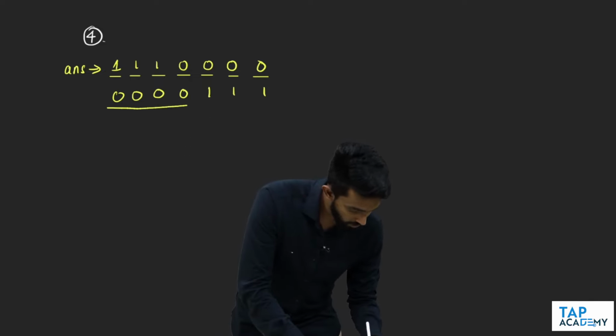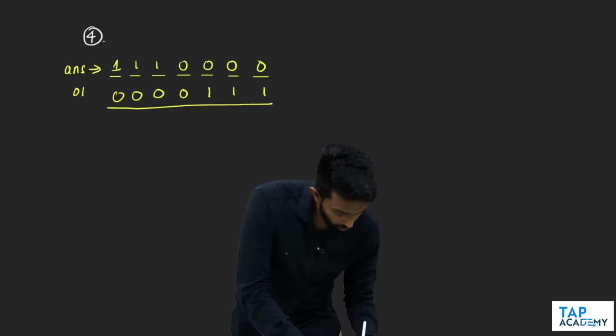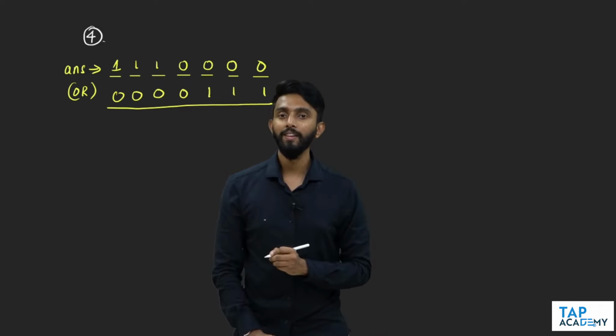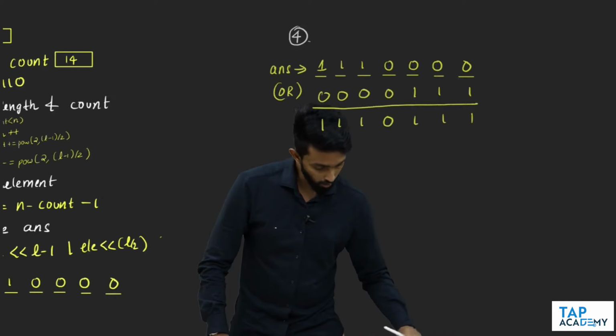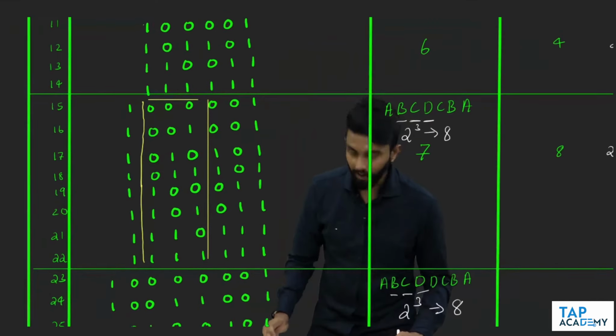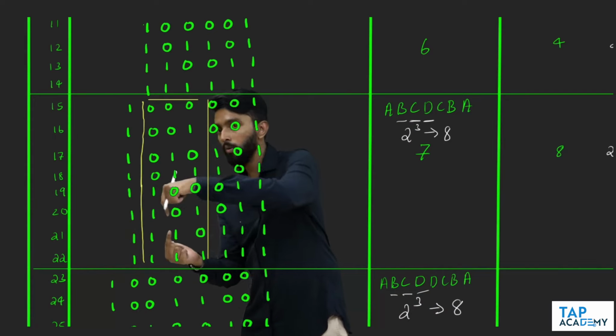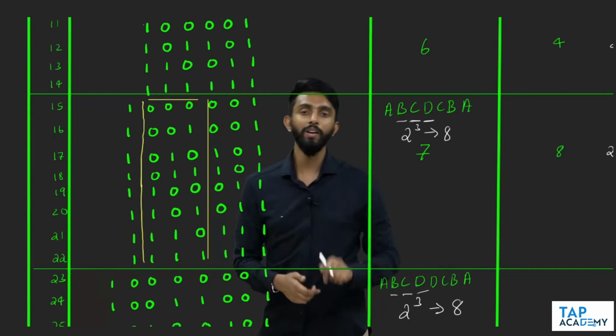After reversing it, if I were to perform OR operation, then you will notice this will become 1, 1, 1, 0. This will become 1, 1, 1. And would all of you agree that is exactly the combination 1, 1, 1, 0, 1, 1, 1.